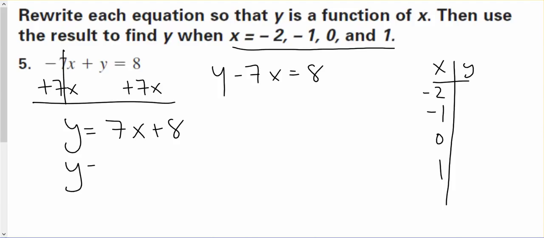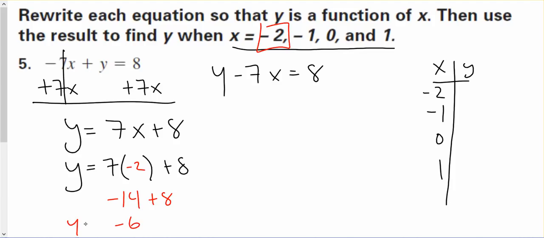So I'll write y equals 7 parentheses, and the first one we'll try will be a negative 2. What's 7 times negative 2? Negative 14 plus 8 is negative 6. So y equals negative 6.